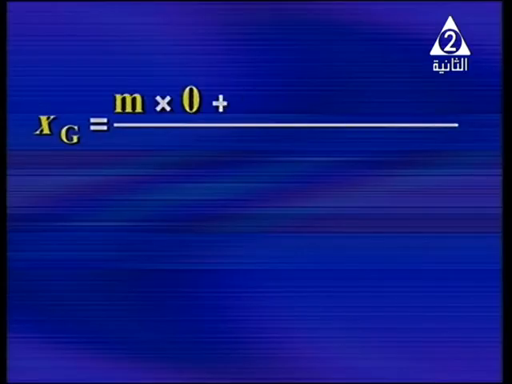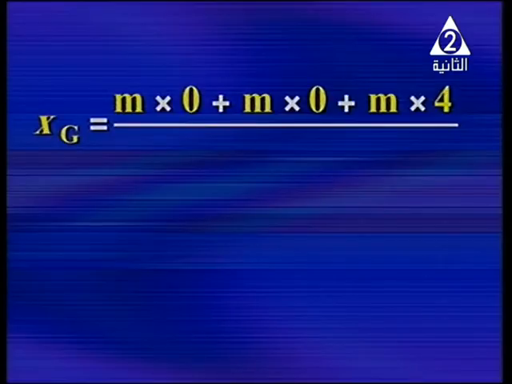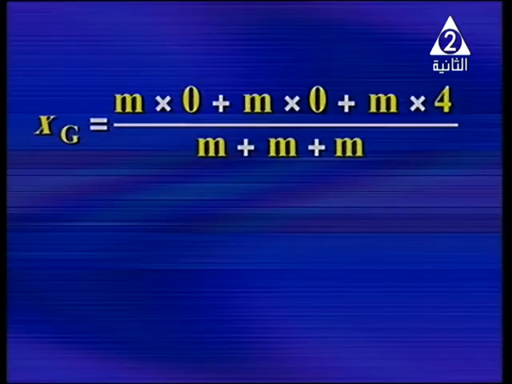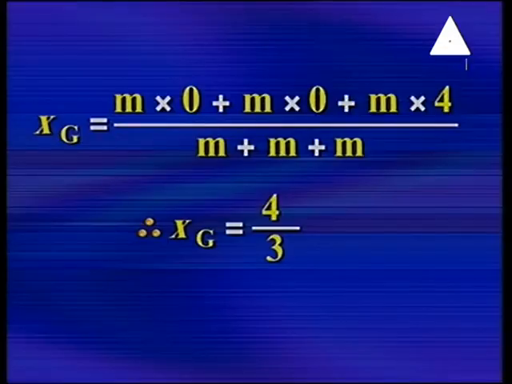xg equals m1x1 plus m2x2 plus m3x3 over m plus m plus m. Look at xg equals what? 4 over 3. Why? Because the numerator is 4m, the denominator is 3m, dividing by m in numerator and denominator, we get 4 over 3 centimeter. This is the coordinate xg.